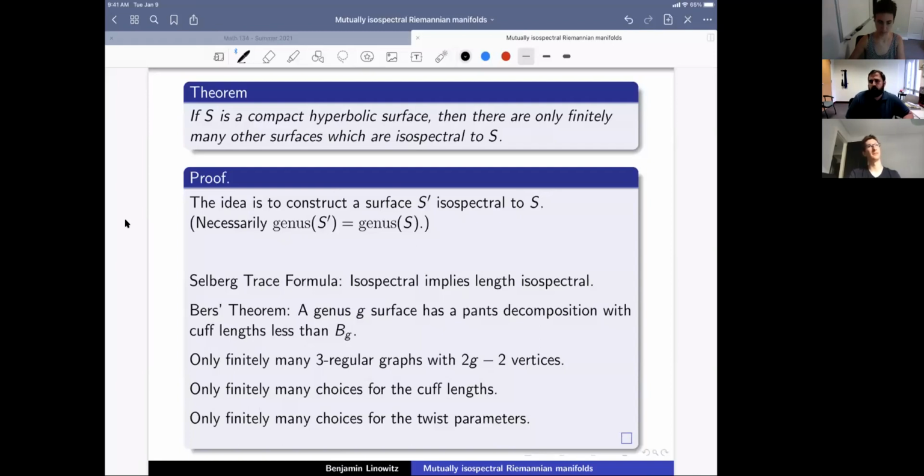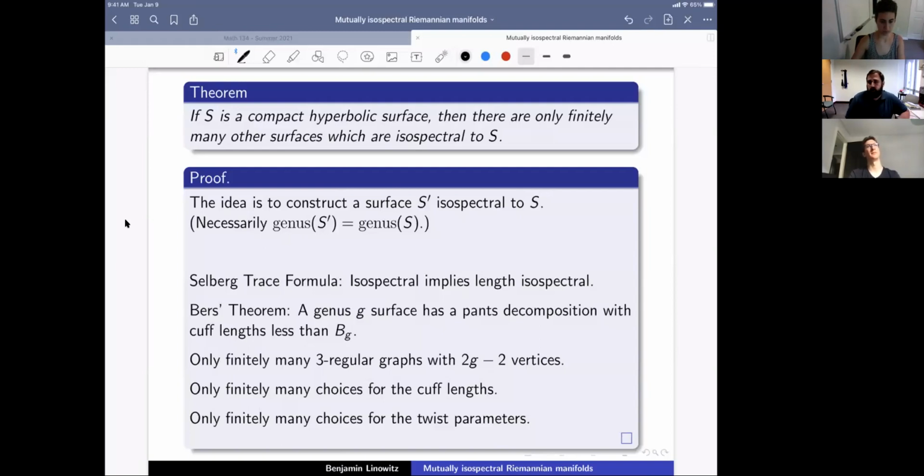And there are only finitely many closed geodesics with bounded length on S. Therefore, when I choose the cuff lengths for S prime's pants decomposition, I only have finitely many choices.